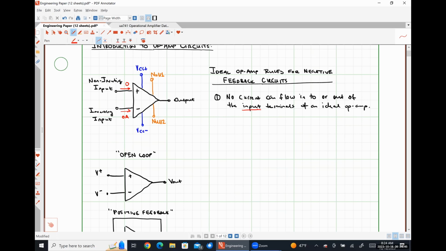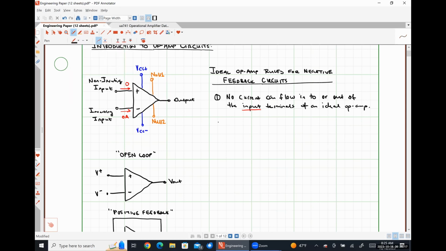I say that like it's definitely possible to pass too much current and burn it out, but from a circuit analysis standpoint, whatever we need to come out of it can come out of it. We're just looking at the op amp itself, not as part of a greater circuit where there will be conduction paths and stuff like that.